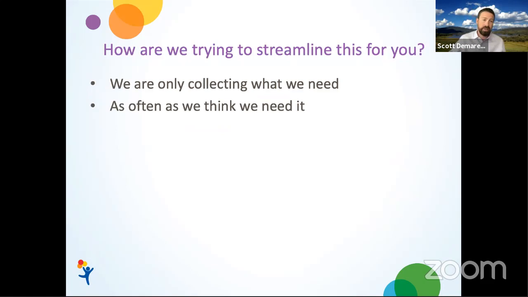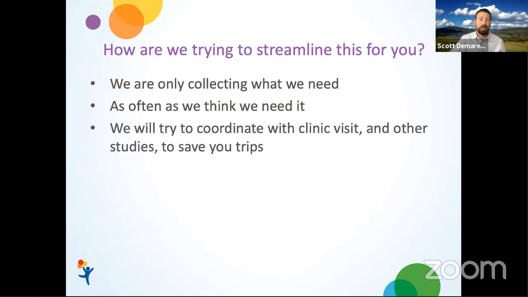So how are we trying to streamline? One, we only collect what we need as often as we need it. We're trying to coordinate so that clinic visits and other studies happen together. That's something that we're going to have to try to coordinate locally at sites, but we're also trying to coordinate that with clinic visits and with outcome measures that we're prompting you to complete as part of the ICCRN data with Helen and Jenny.